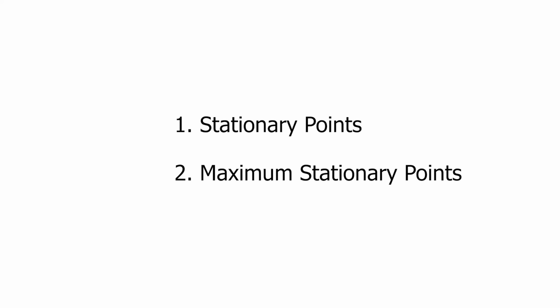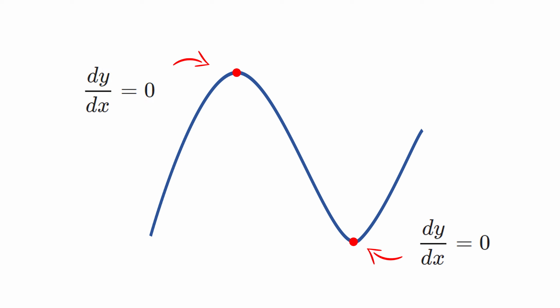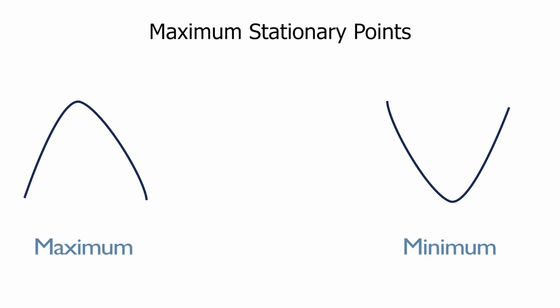You will observe me using this when working the past paper questions, but there are two theories that you need to know: stationary points and maximum stationary points. I will brush through this because you will better understand it when I start working the past paper questions. A stationary point essentially occurs when dy over dx is equal to 0, basically at the top of a curve. And then we have a maximum stationary point.